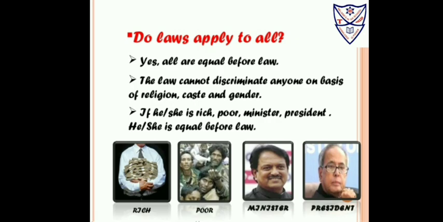The Sedition Act of 1870 was an example of arbitrariness by the Britishers. Any person who criticized or protested against the policy of the British could immediately get arrested without any trial. Soon the Indian nationalists started opposing and criticizing the Britishers' arbitrary use of authority.